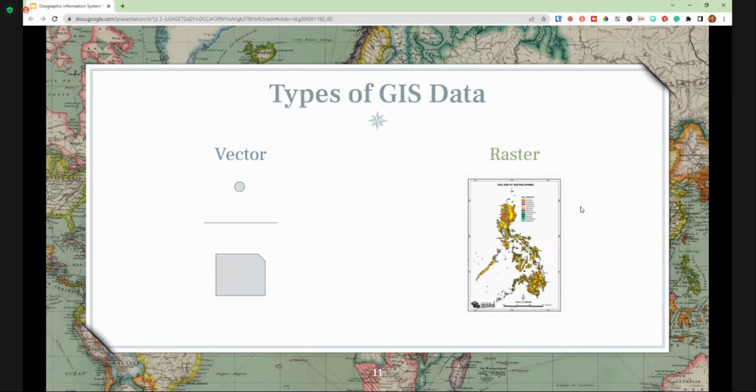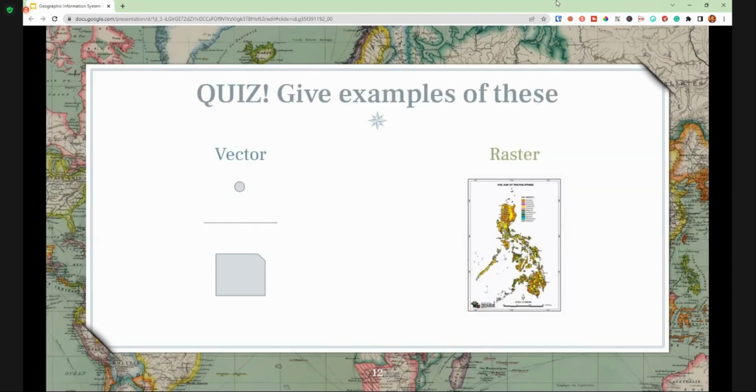Okay, so let's see if you guys know some examples of this. We have a quiz. Can anyone give an example of point vector data? Again, recap: it's representing something from Earth. What are places that can be represented by a point on Earth?